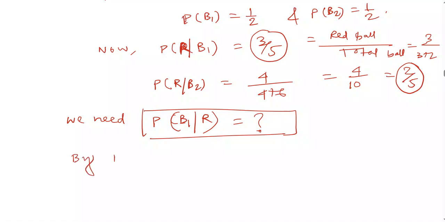By Bayes theorem, our question is what? The ball drawn is red.